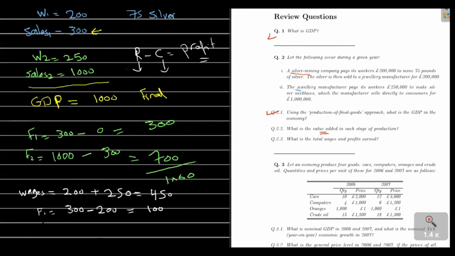Okay. For firm two, let's see how much they made. They sold silver necklaces for 1 million pounds. To produce those necklaces, they had to buy silver for 300,000, so you take that away because this is a cost. And they also had to pay workers 250,000. So how much would that be?